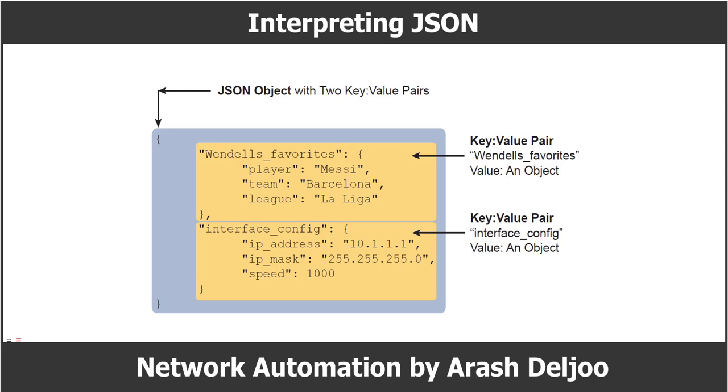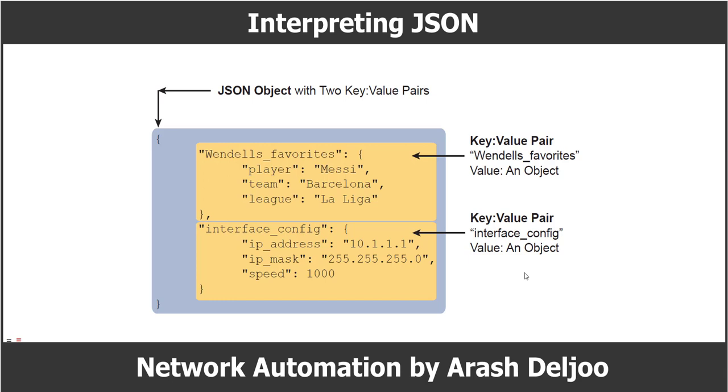After that, the value of each key value pair is another object, each with curly brackets and three key value pairs. Look at here, for example, instead of the value, here we use another object. This is the nested object. Player, Messi. Team, Barcelona. League, La Liga. Then interface config, IP address and its value, and after that IP mask, value, speed, value.